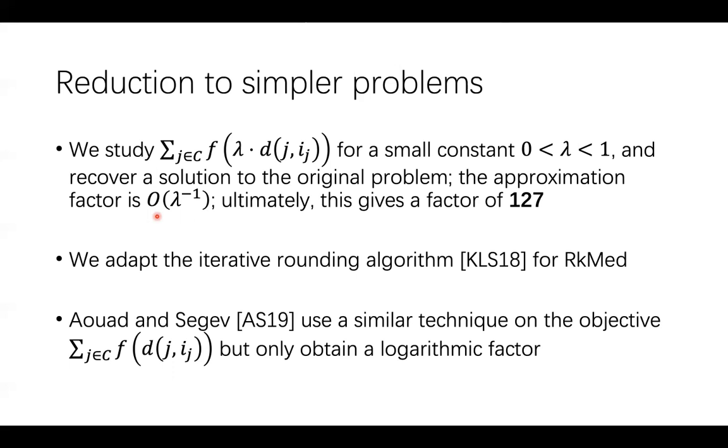Of course, because the approximation factor is proportional to 1 over lambda, one wants lambda to be as big as possible. But it turns out, due to the techniques used in this algorithm, we can only choose lambda as large as around 0.0088, which will give us a factor of more than 100.